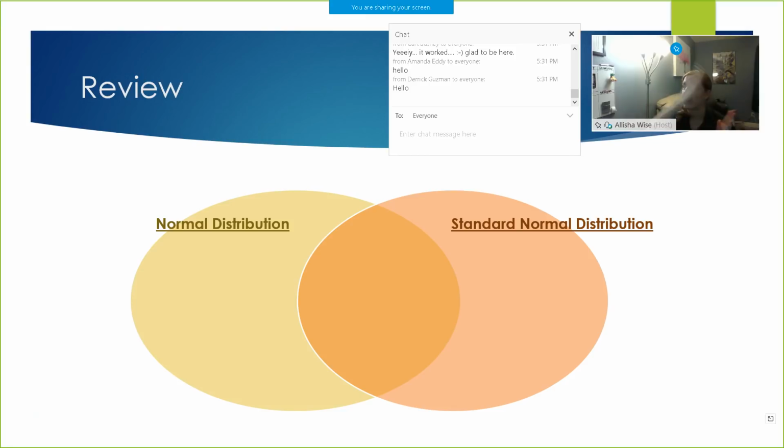And cumulative was like never ending, right? Infinite options to infinity and beyond. So we introduced these two types of cumulative functions, which were normal distribution and standard normal distribution. So what I want to do is look at the similarities and the differences between these. Now remember, standard normal was the special type of normal distribution.